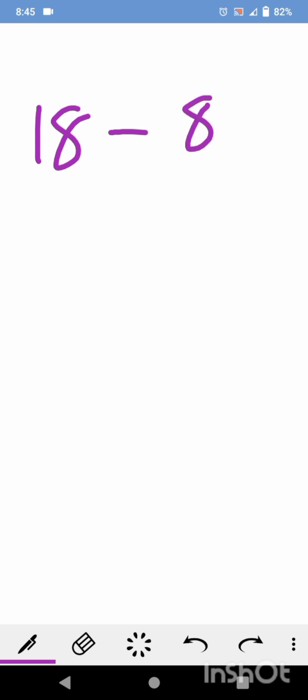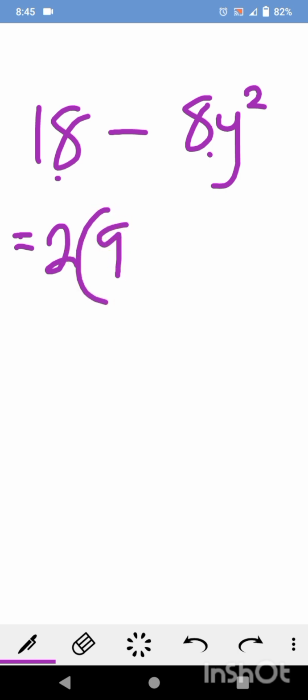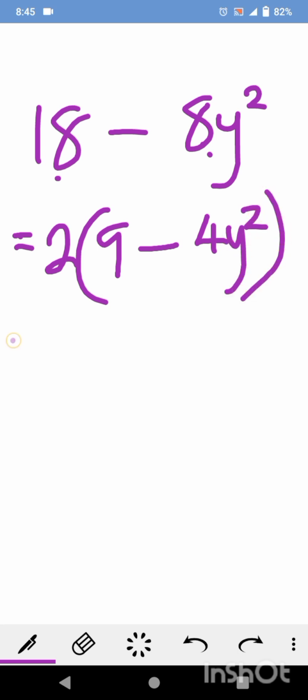The final one, let's say we'll have 18 minus 8y squared. All right, so what can we bring out here? 18 and 8 are not perfect squares, so we can only bring out 2. We're left with 2 open bracket 9 minus 4y squared. If you look very well inside the bracket, we have difference of two squares.